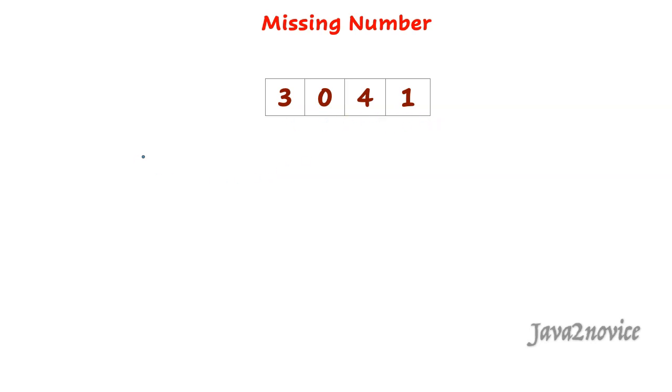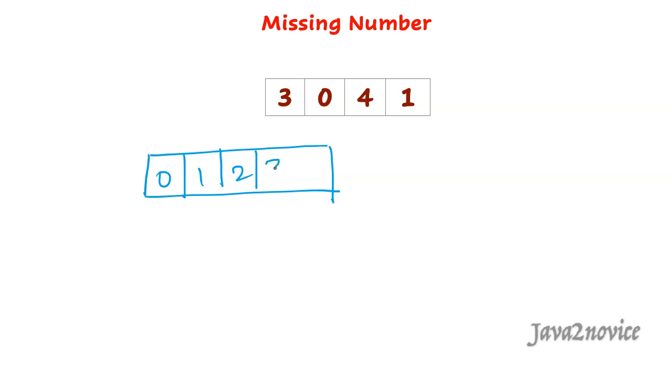Now, let's draft a hash set and fill it with all numbers. So, 0, 1, 2, 3, 4. Now we will start removing elements one by one from the hash set. The leftover element in the hash set is the missing number.